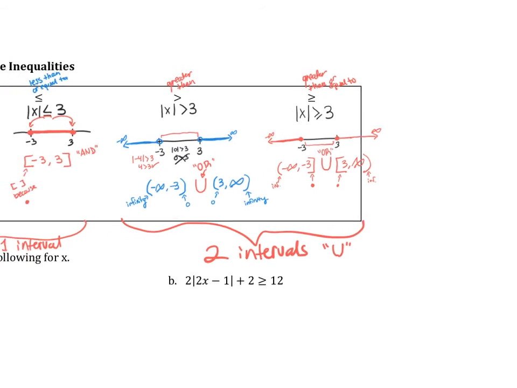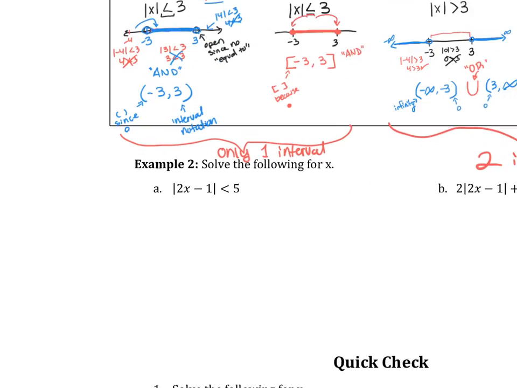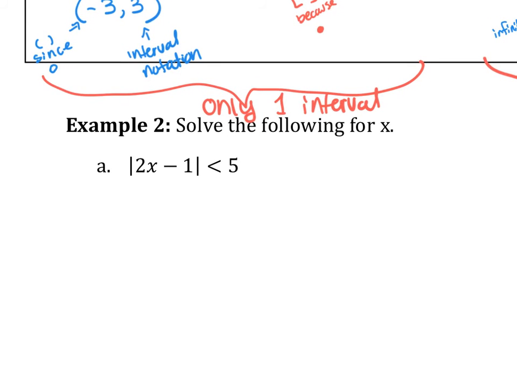Okay, so we did an example. Letter A, we want to solve for x. So this is a less than, not or equal to, so that means we'll have the number line situation where it's the 2 open dots and everything in between. To figure out what those are, we take our 2x minus 1 and we need that to be less than positive 5.